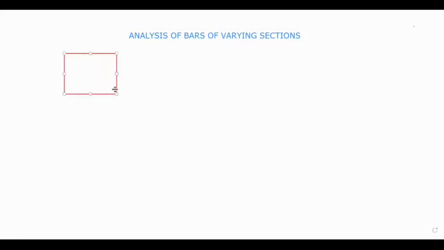If you have a bar with varying sections, consider the bar is subjected to axial load of P.